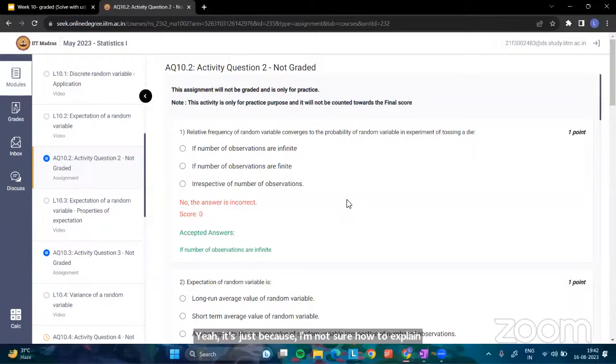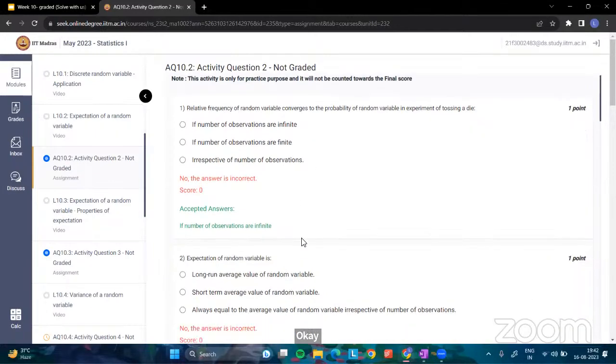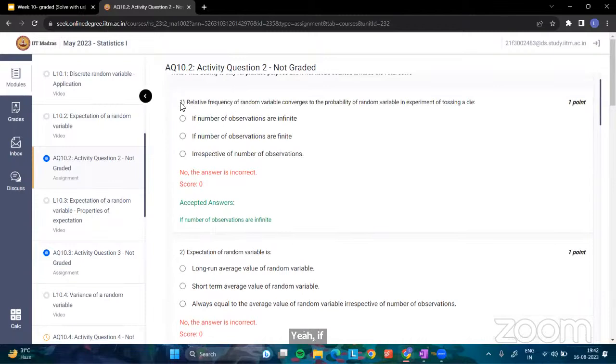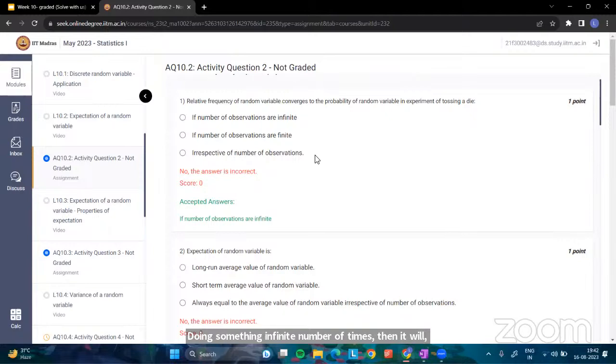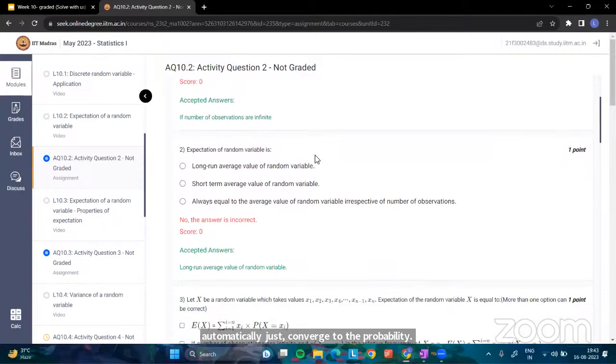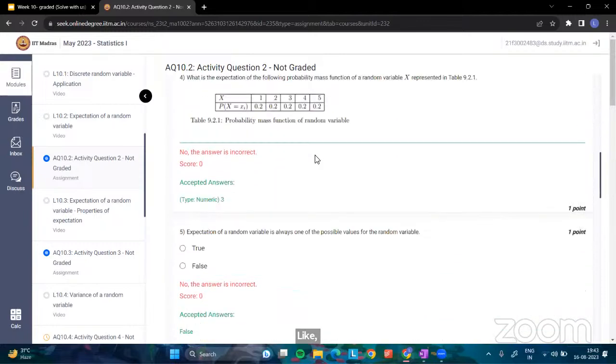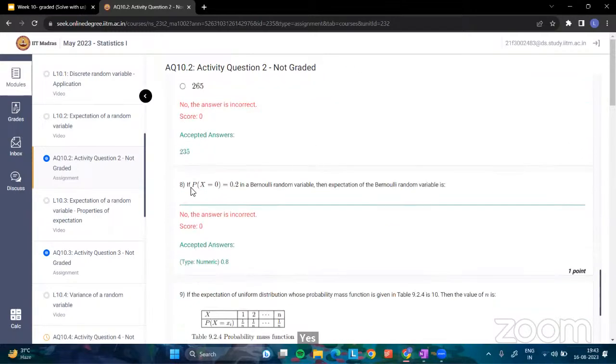I would just say that if you're doing something an infinite number of times, then it will automatically converge to the probability. I'm not sure how to explain it right now, so I'll just go to the 8th question now.